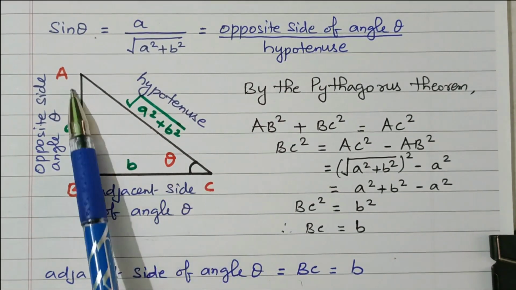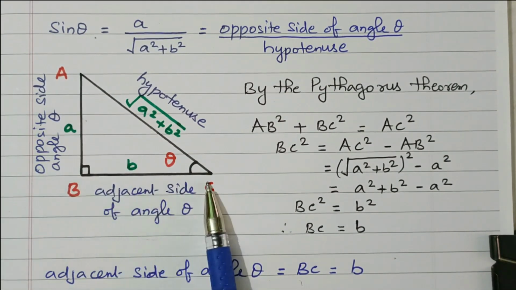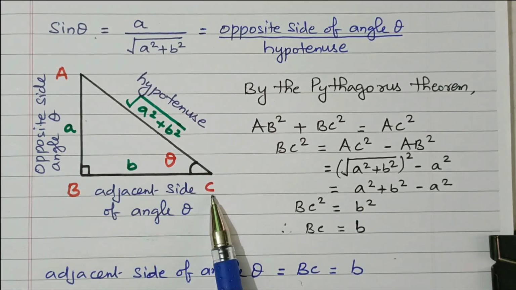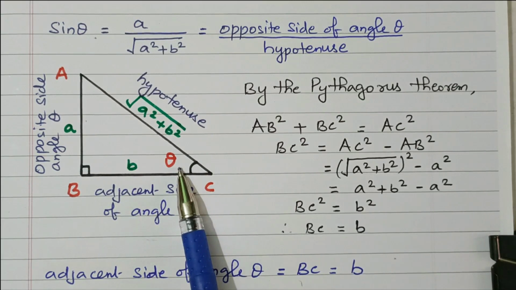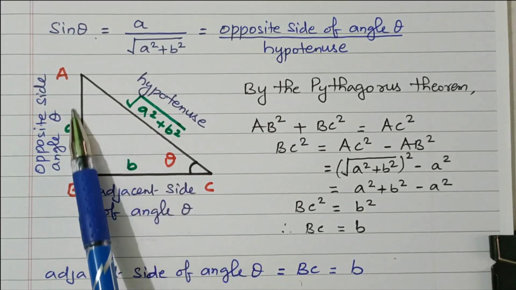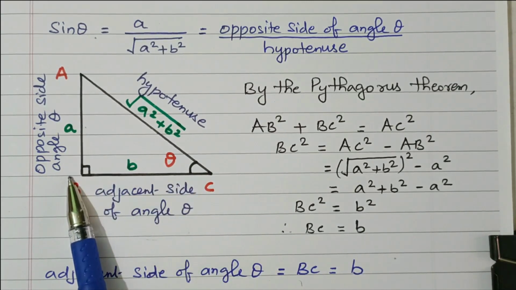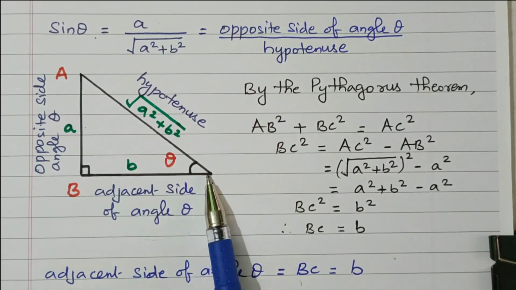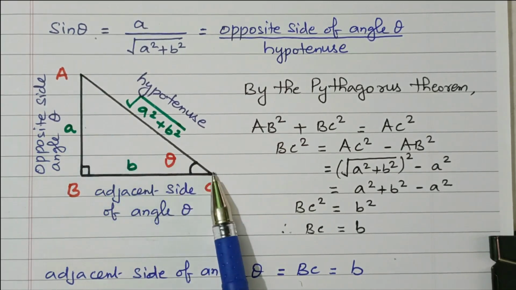So we constructed the triangle ABC. Theta is available at the corner C. So AB is the opposite side of the angle theta, and automatically BC is the adjacent side of angle theta. AC is the hypotenuse, right?